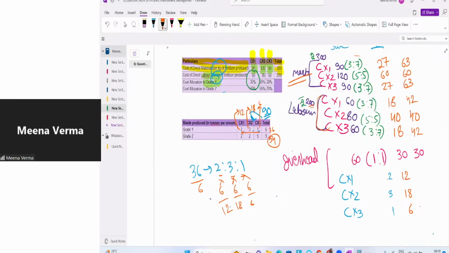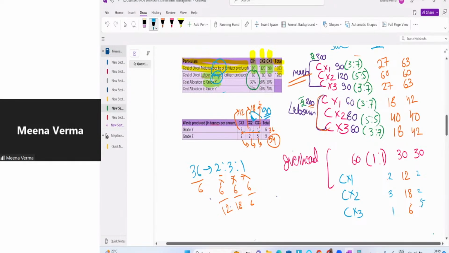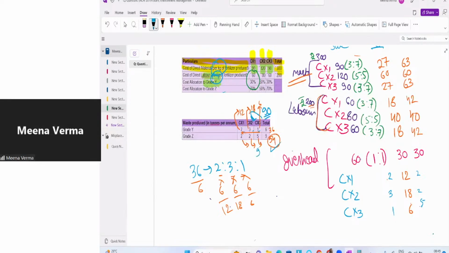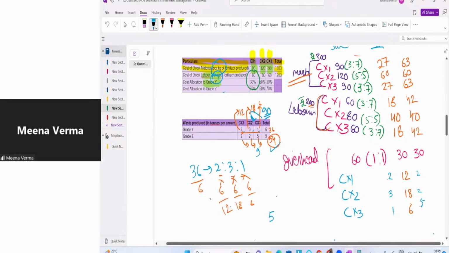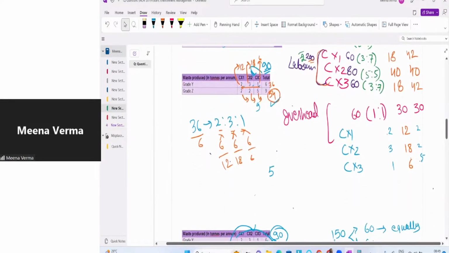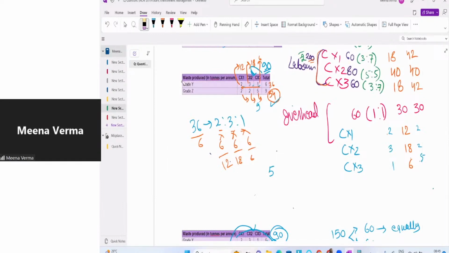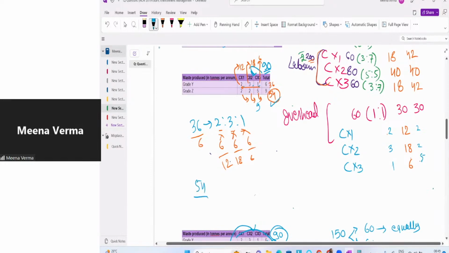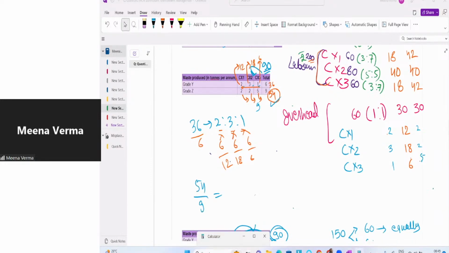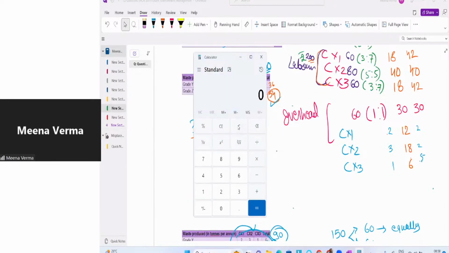Similarly, 54 you can allocate using the 2:2:5 ratio. 2 plus 2 plus 5 is 9. So 54 divided by 9 gives you 6.